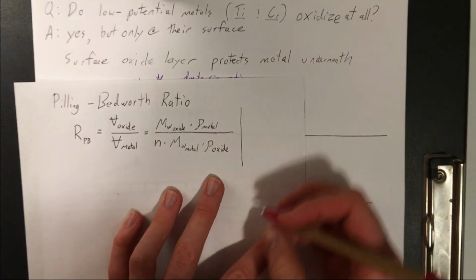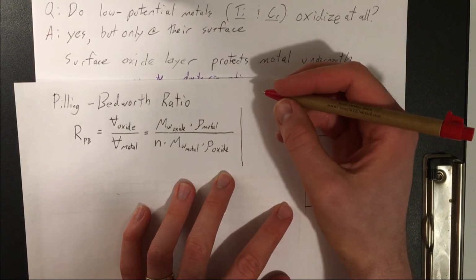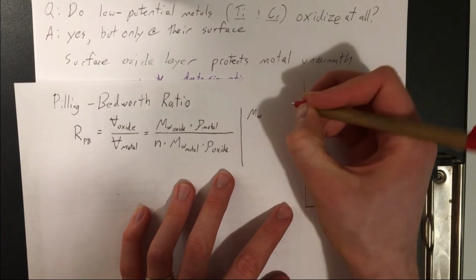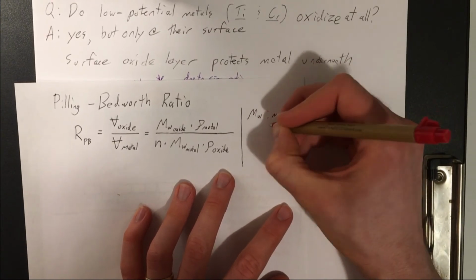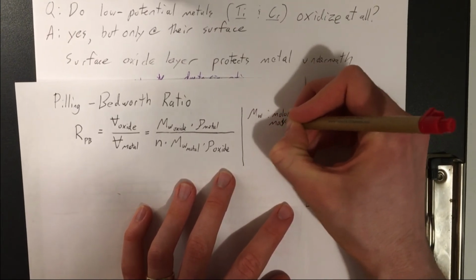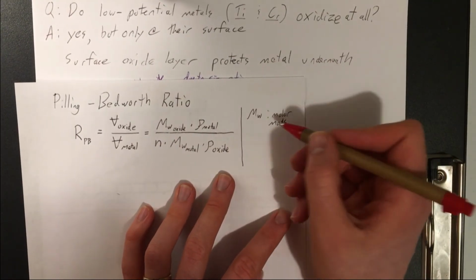So let's define all the terms in these things. MW is the molar mass or molecular weight.